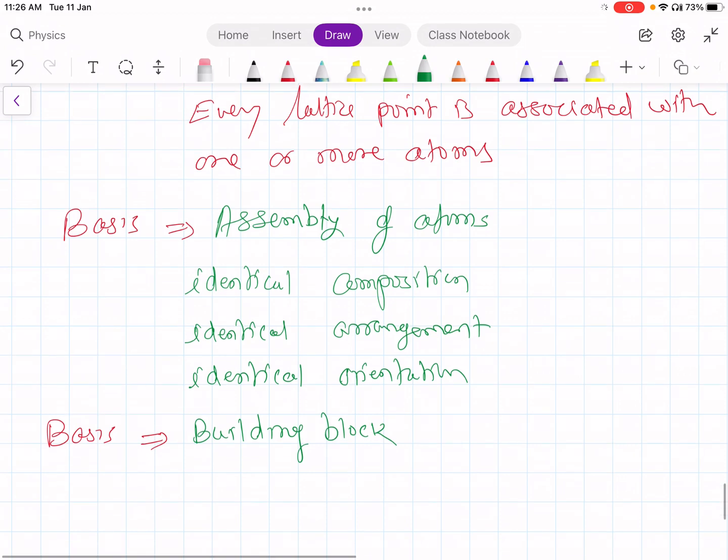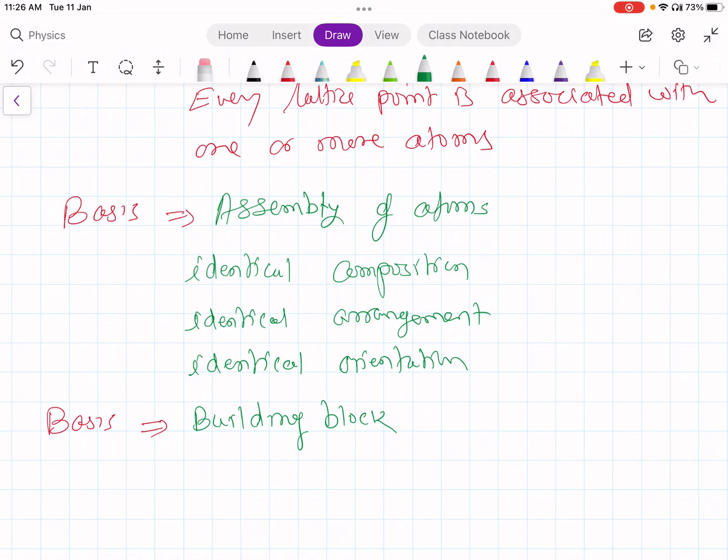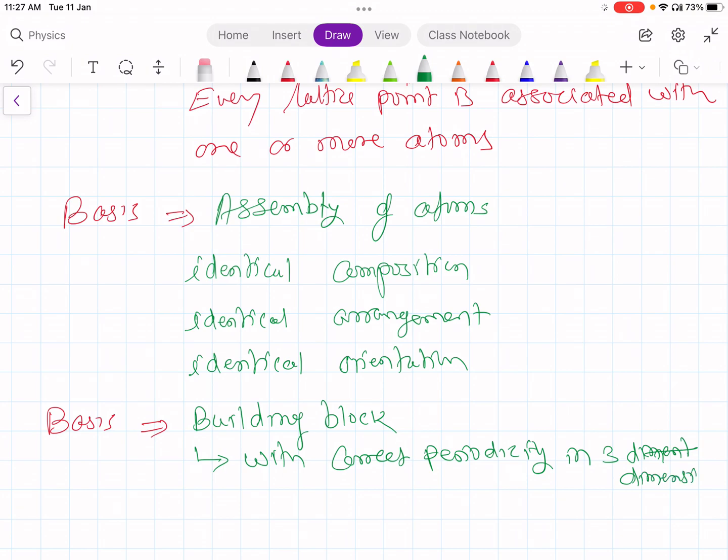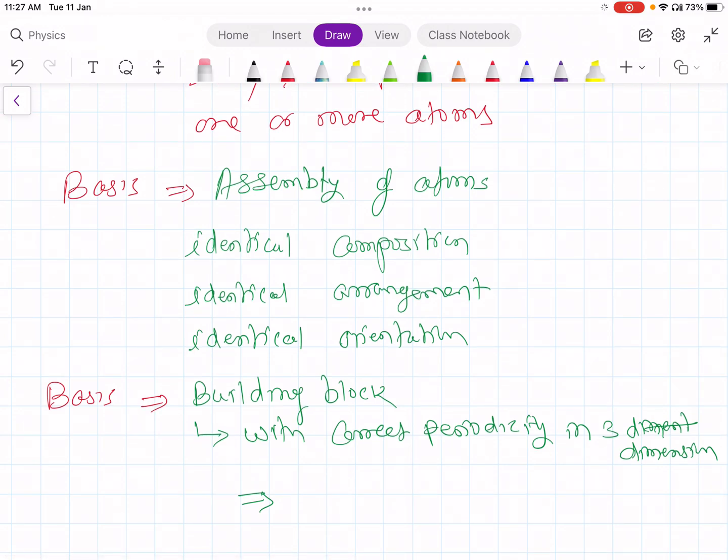And when this building block is repeated with correct periodicity in three dimensions, it gives the actual crystal structure.